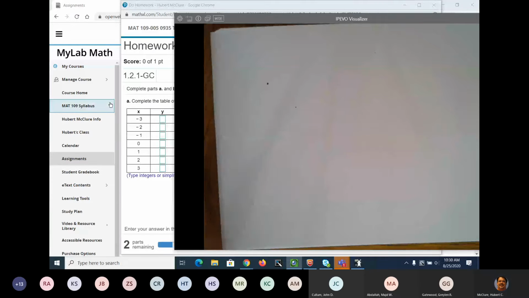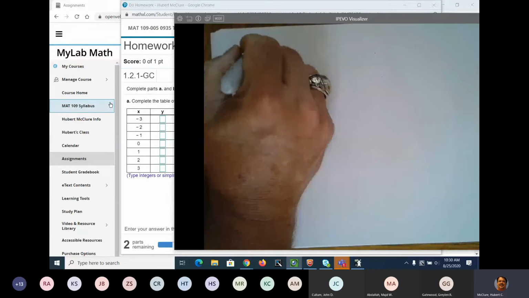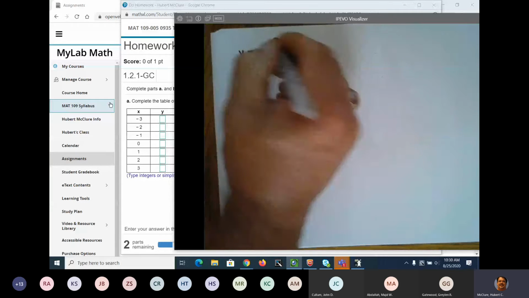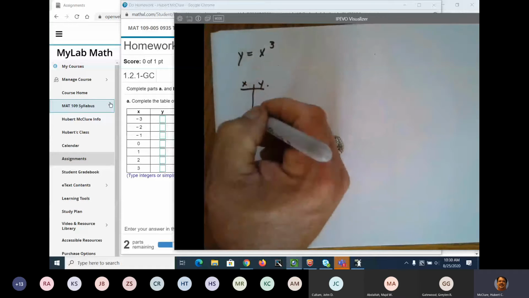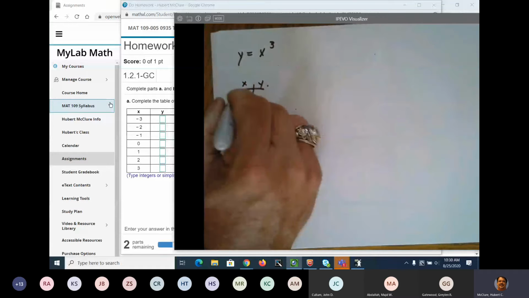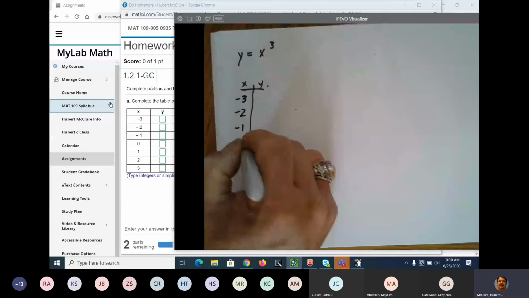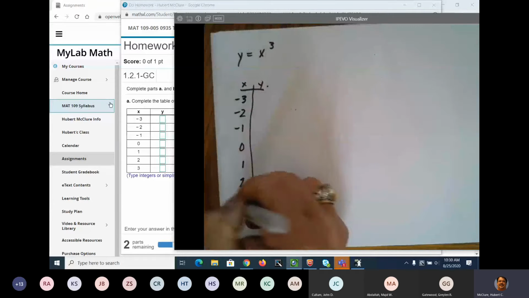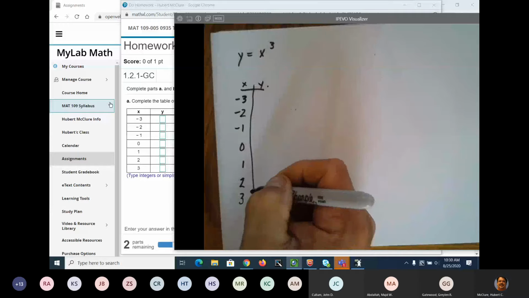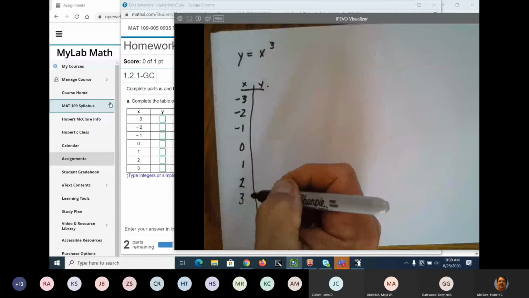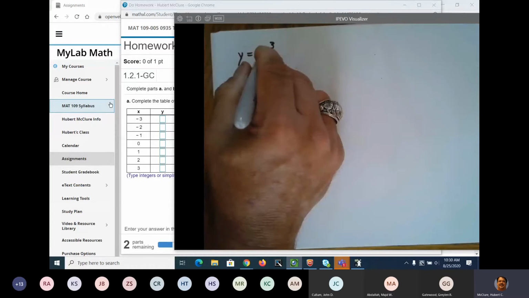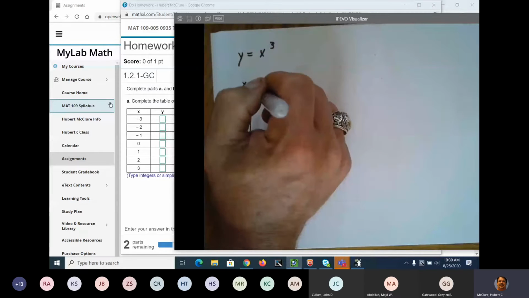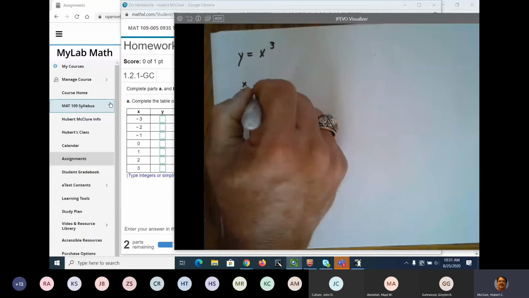You need to plug in -3, -2, -1, 0, 1, 2, 3. -3 raised to the third power is a negative times a negative, and then a negative times a positive, which is -27.